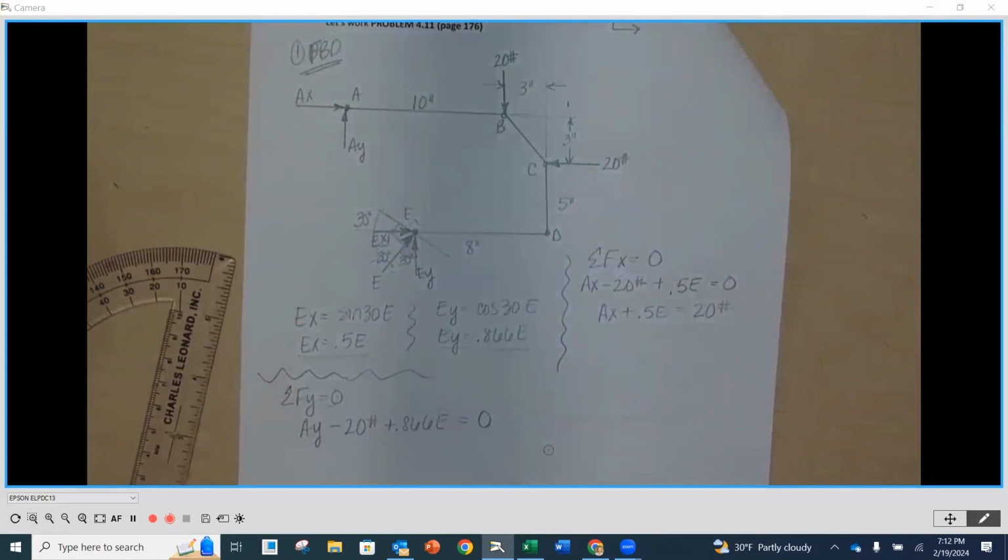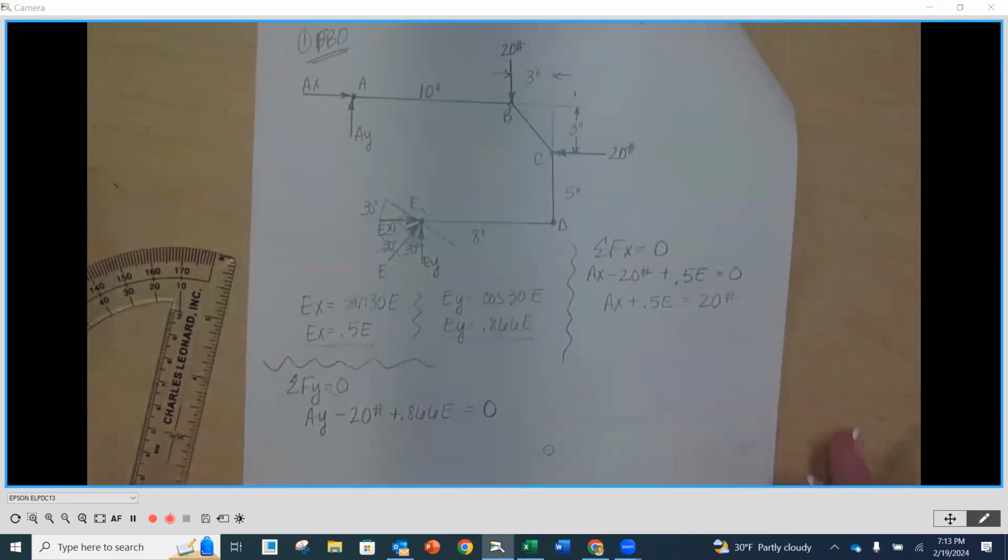Now you might say, oh, I've got two equations, two unknowns. No, you don't. We've got AY and AX, not A's. So we can't do our substitution method at this point.